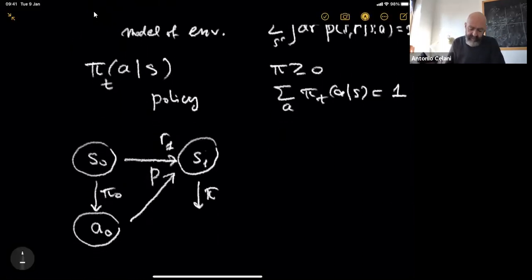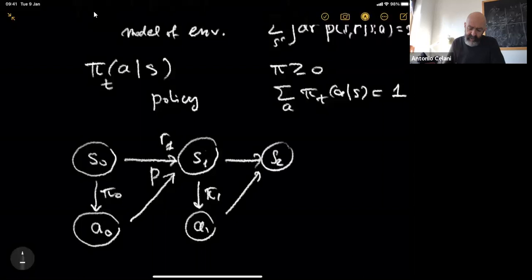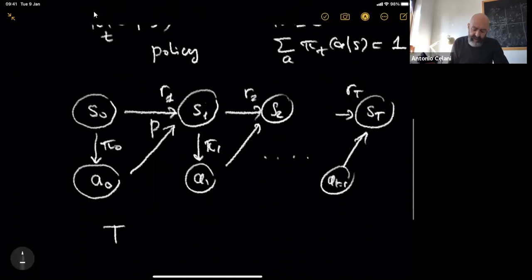Then you repeat, and you get an action A1, and these two together give a new state S2, and in the process you get a reward R2, and so on and so forth, until some final time in which you reach a state ST. You get the reward R capital T, given by operating the action AT minus 1. And then everything ends. So capital T here for today will be the time horizon. This is the end of the world. You start at time 0, and at time T everything finishes.